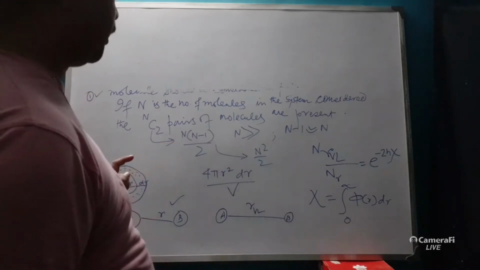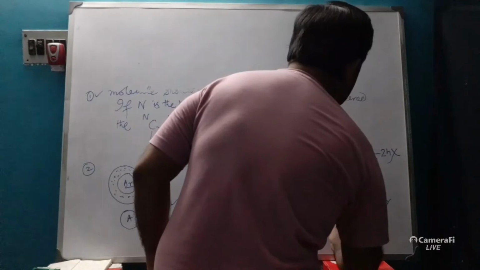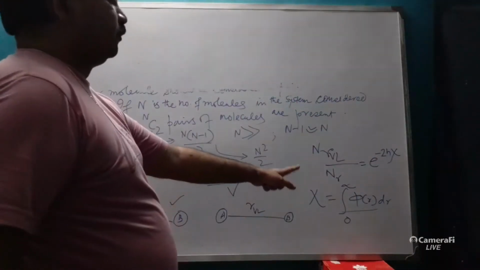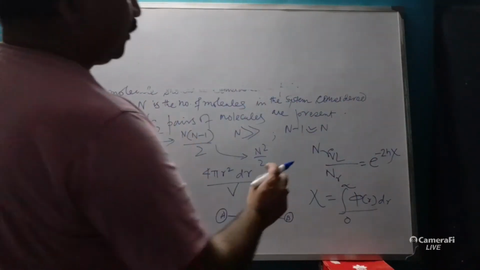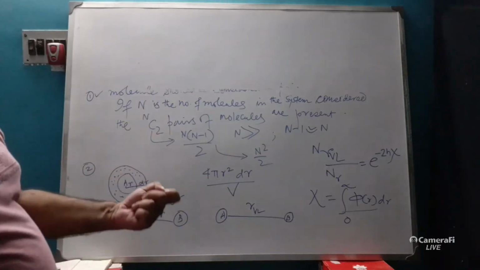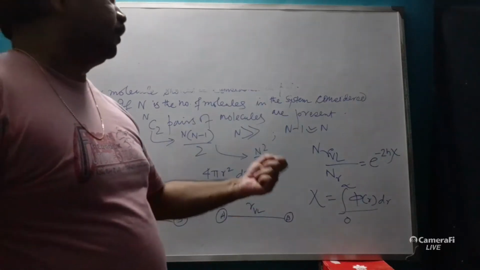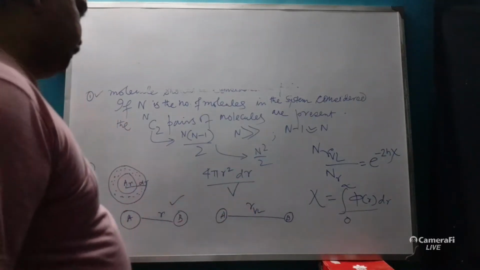We are considering another important factor called chi, equal to the integral from 0 to infinity of phi r, where phi r is the functional force related to the interactive forces between the molecules.